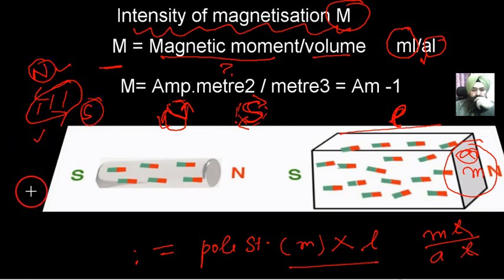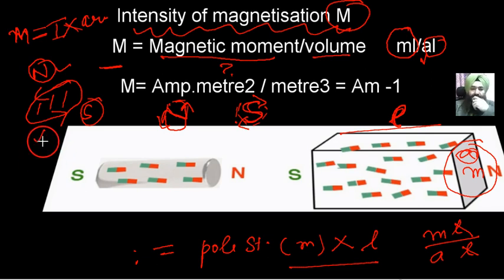Now this is having the magnetic moment. What is the magnetic moment? Current into area. What is the current flowing and the area? The intensity of magnetization is also current into area divided by volume. So area and volume, in dimensions, mean one dimension of length is left in the denominator.